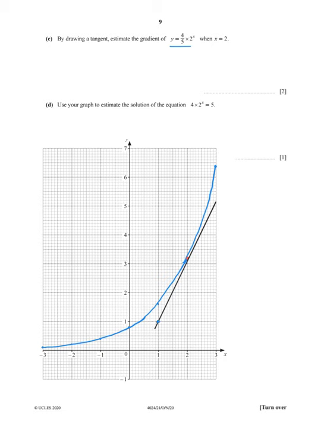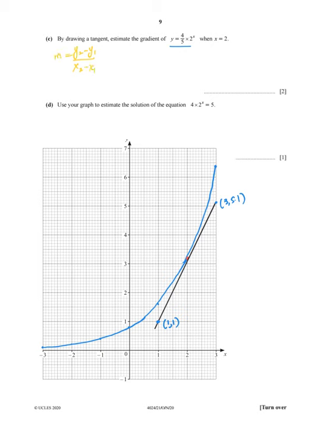The first point I pick here is 1 comma 1, and the other point I'm going to pick, let's suppose, is this value. So the x coordinate is 3 and the y coordinate is 5.1. The working formula to find the gradient is y2 minus y1 divided by x2 minus x1.